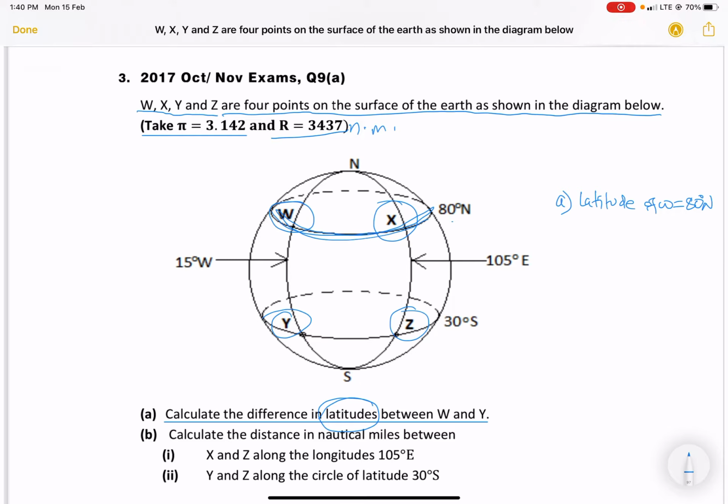What of Y? The latitude of Y is 30 degrees south.